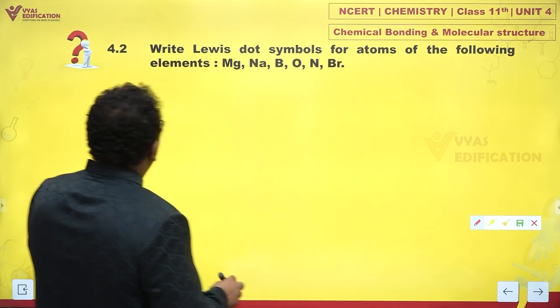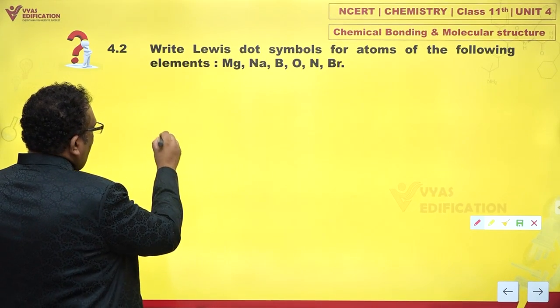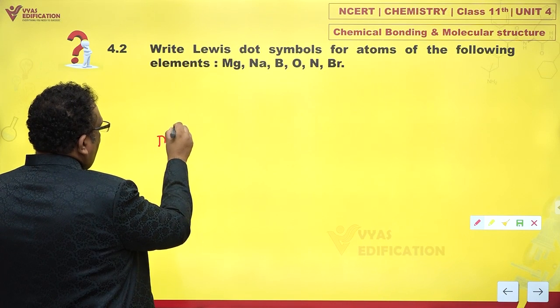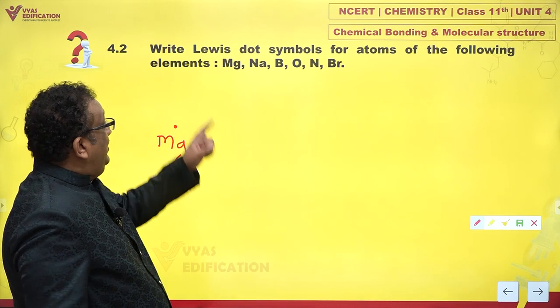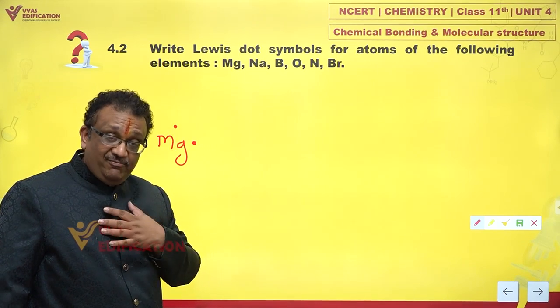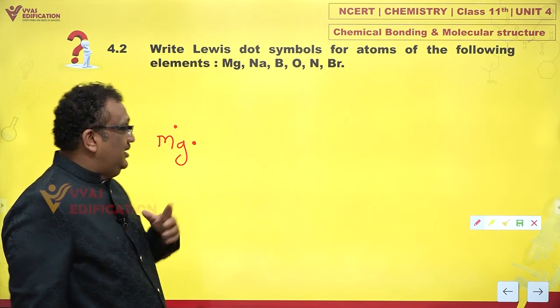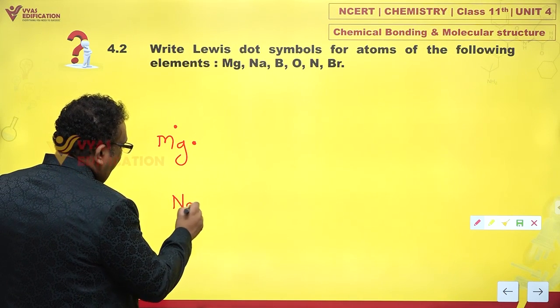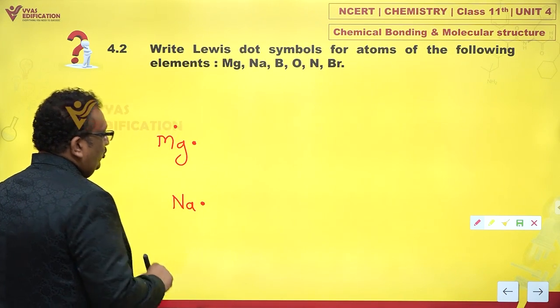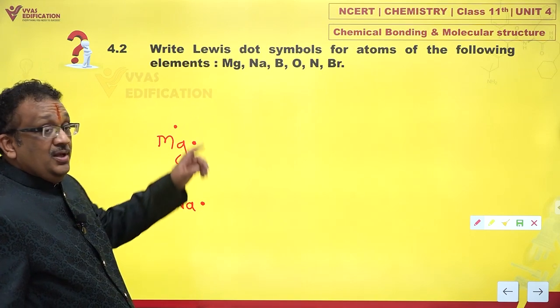For example, magnesium. If you belong to S block, then your group number is the same as the number of valence electrons. Magnesium belongs to group 2 because I have memorized the periodic table, so I can say magnesium with 2 dots. Sodium belongs to group 1, so sodium would come with only 1 dot.